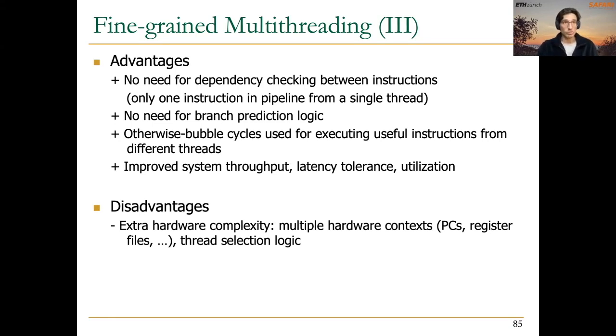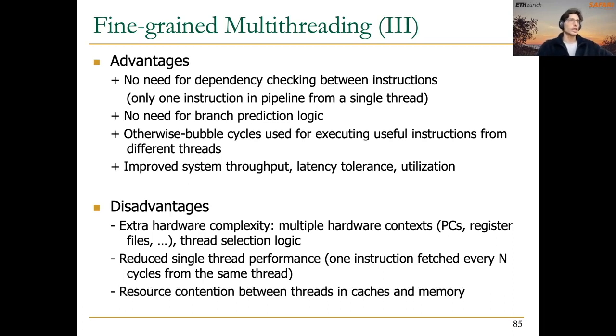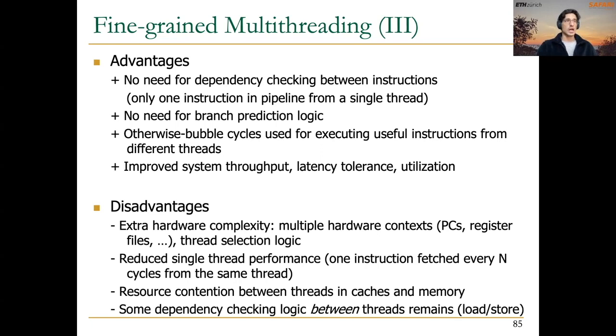The disadvantage is that the hardware is more complex, of course. You need more resources like PCs, register files, thread selection logic, etc. In principle, single thread performance might also be lower than in a system that doesn't implement fine-grained multithreading, and there might be resource contention, because we have resources shared across different threads, and they are going to compete to access caches, memory, and so on.